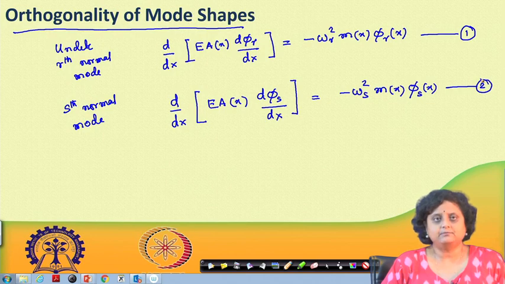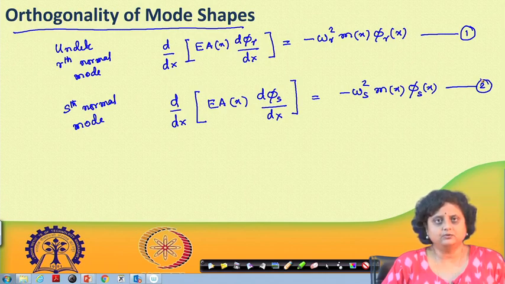So, this I am emphasizing because you will be seeing after the end of this derivation that the orthogonality of the mode shapes holds for any arbitrary condition. It is not restricted to the simple case where we have a uniform cross section or uniform distribution of the material parameter.